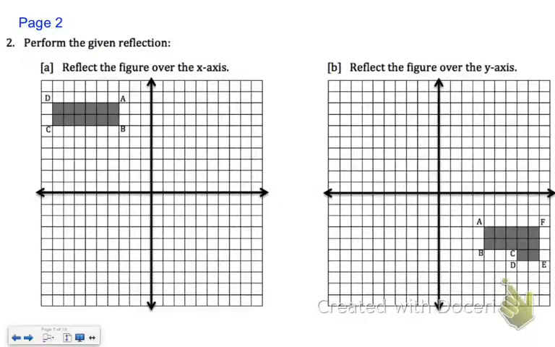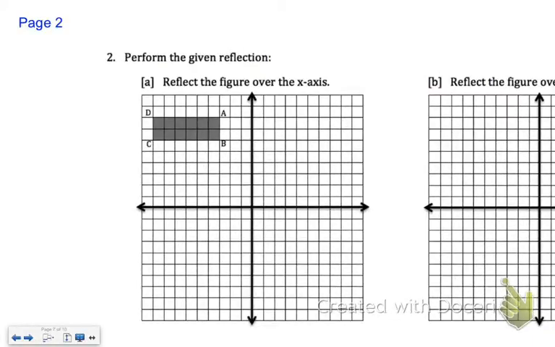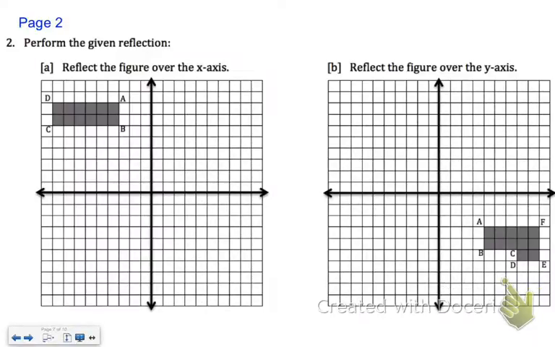Turn to page 2 so that we can reflect an actual image together. So in example number 2, part A, we are reflecting rectangle ABCD across the x-axis. So every point in ABCD will be an equal distance away from our line of reflection.